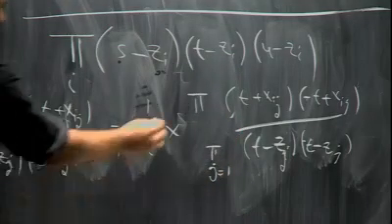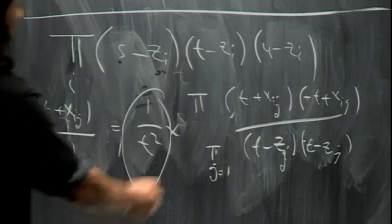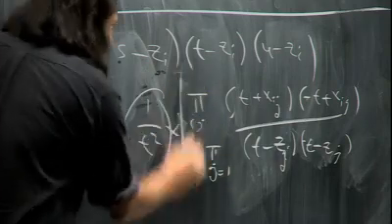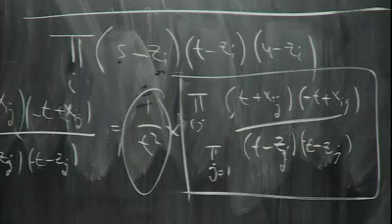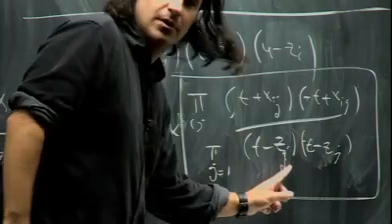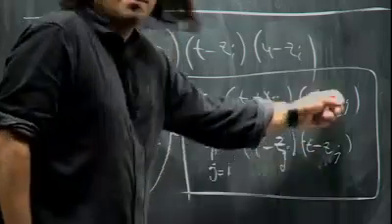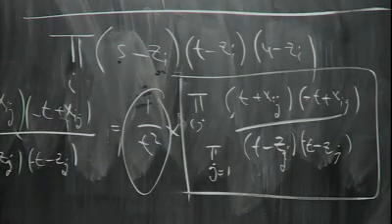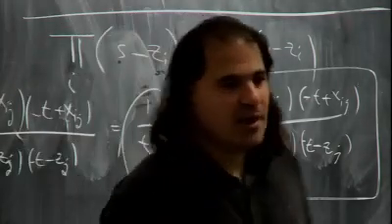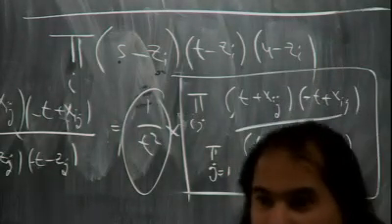Now 1 over t squared is the right answer, so it had better be that this whole mess up here is 1. The only way that can be 1 is if for every z down here, there's got to be some compensating xij up there. So that tells you that if zi is a pole, zi plus zj must also be a pole.